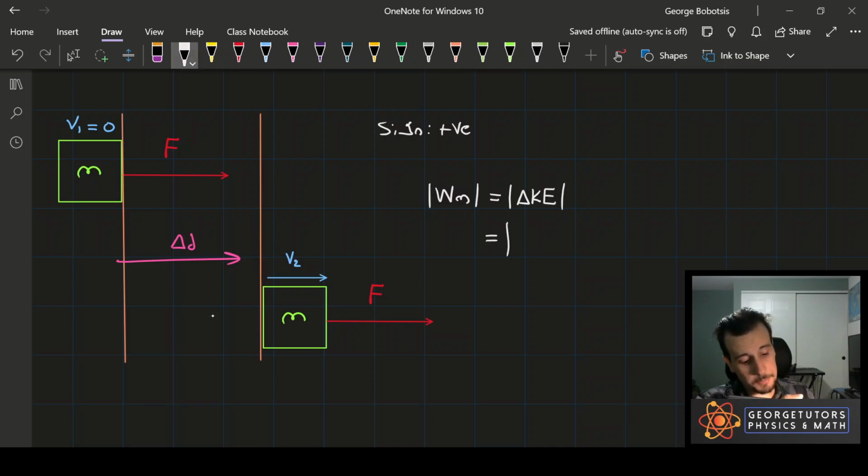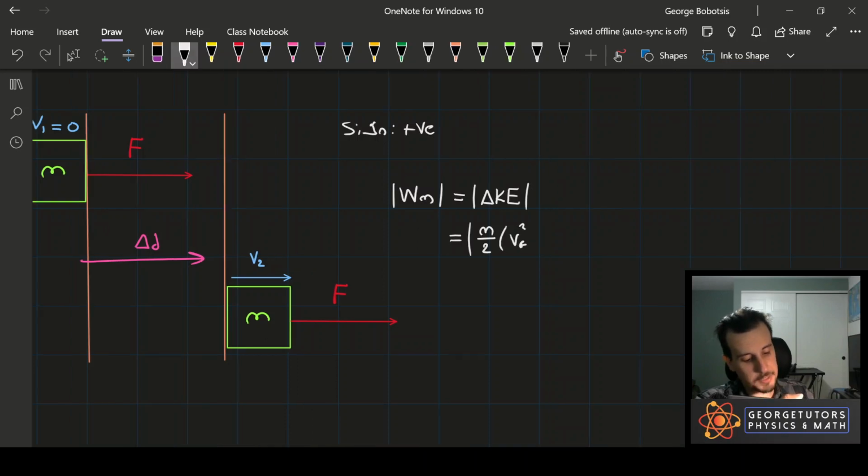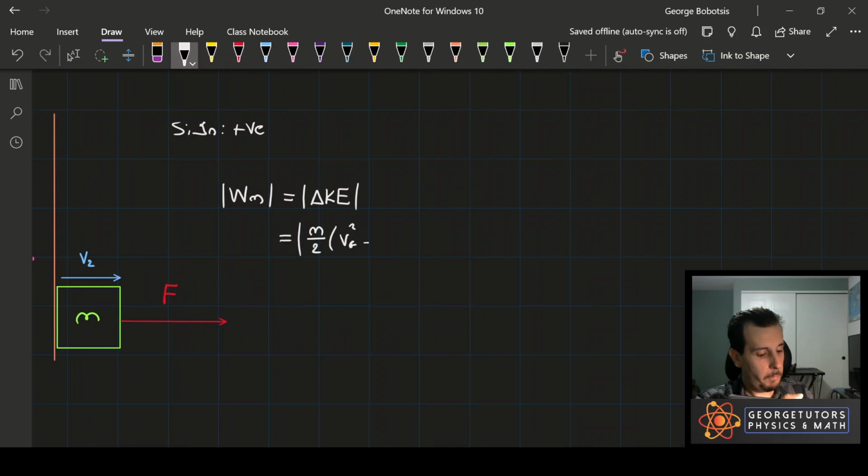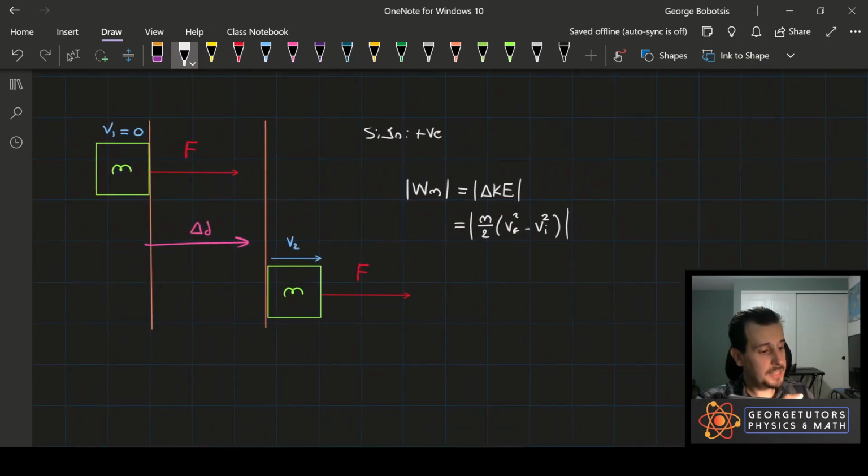So again, I open this up the same way that I've done before by factoring m over 2. I consider the final minus the initial velocity over here, and they're all squared. And I look at my diagram. The initial velocity is 0. The final one over here is v2.